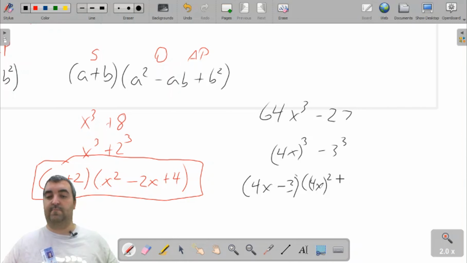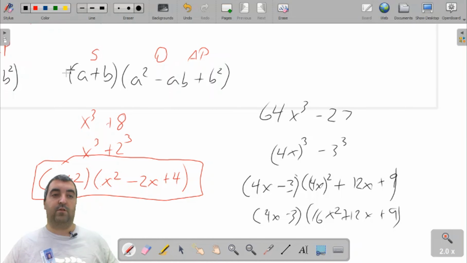Opposite sign, and then 4x times 3, which is 12x, and then squaring that, and this is always positive, so it's positive 9. So our final answer will be 4x minus 3, and then 16x squared plus 12x plus 9, and then circle it, and we are done. That right there is our answer.